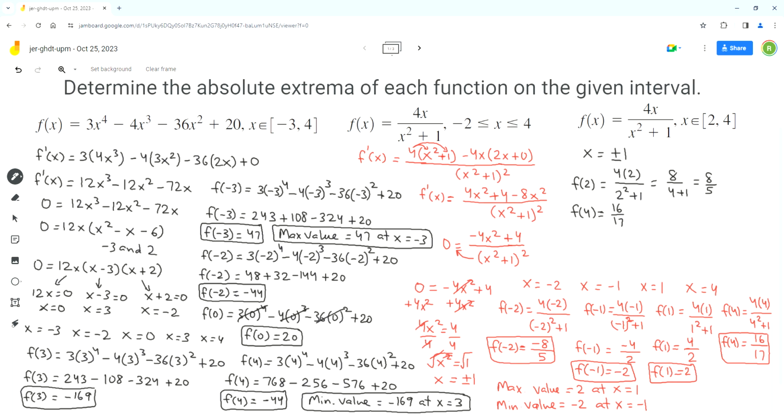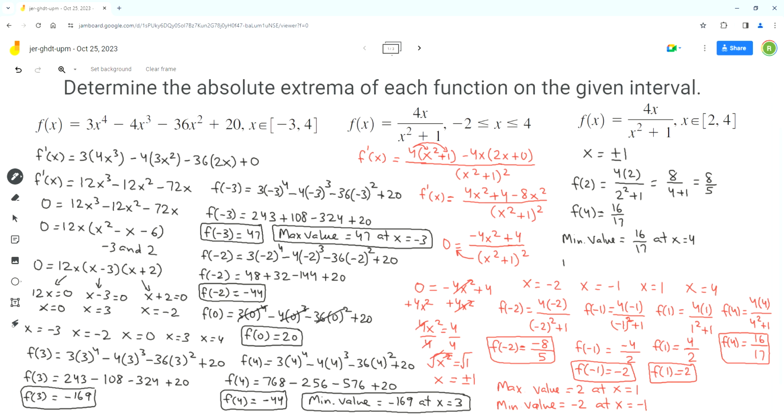So that means for the third problem, the absolute minimum or the minimum value is 16 over 17. So we can write minimum value is equal to 16 over 17 at x equals 4.